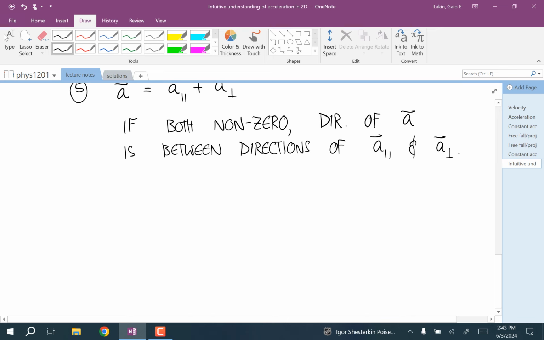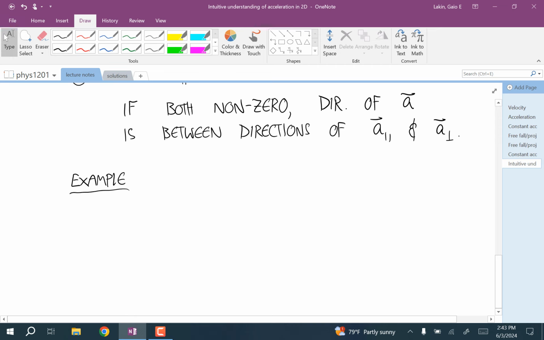Okay, so let's see some examples. The first one is the case where this is moving along a line. You have a ball that's rolling down a ramp, and let's say gravity is making this speed up as it rolls down the ramp.